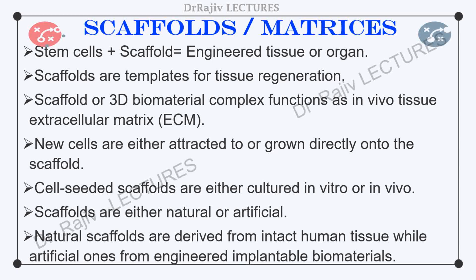These cell-seeded scaffolds are either cultured in vitro to synthesize tissue constructs which are then implanted into an injured or diseased site, or are implanted directly into these sites using the body's own systems, where regeneration of tissues or organs is induced in vivo. Scaffolds are either natural or artificial. The natural scaffolds are derived from intact human tissue, while artificial ones are from engineered implantable biomaterials.